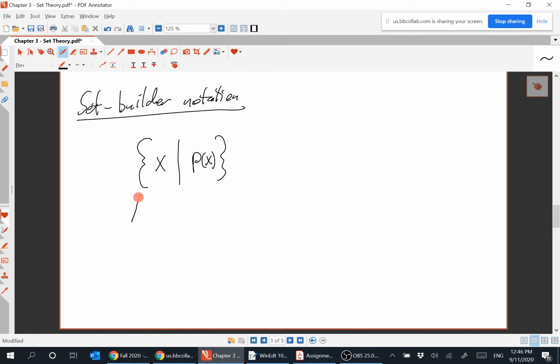These symbols are read in the following order: the set of all elements X such that P of X is true.